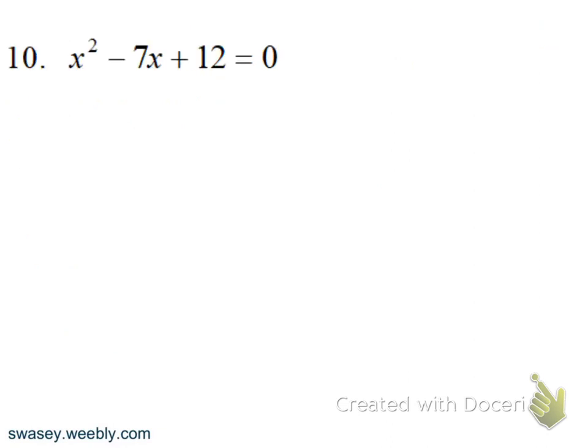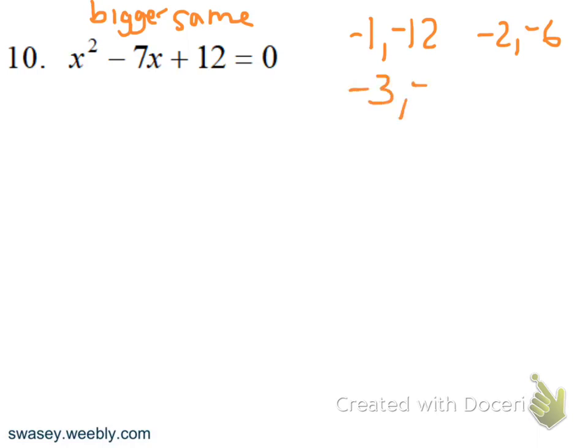We want two numbers that multiply to get 12 that add to get negative 7. So we've got same signs, and the bigger one is negative. So they're both negative. So the pair that works is negative 3 and negative 4. So we have x minus 3, x minus 4.